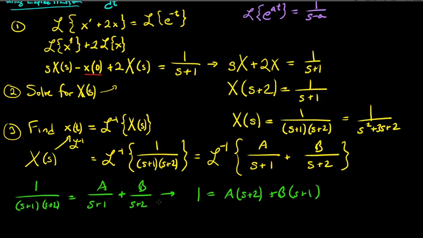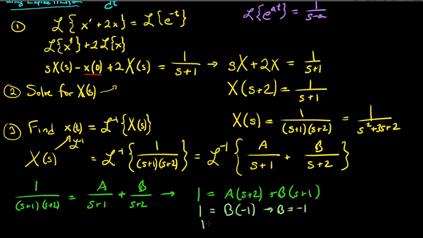So if you plug in s equals -2, you get that 1 is equal to 0 times A, and then -2 plus 1 is -1, so B is -1.